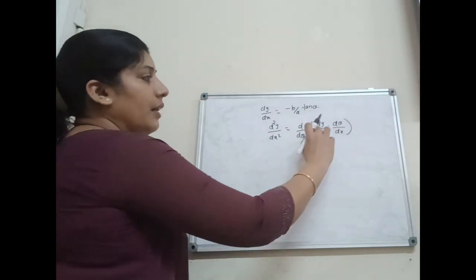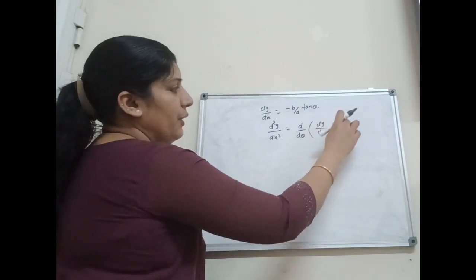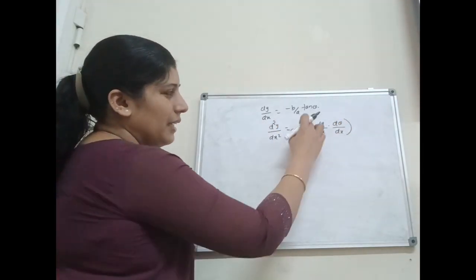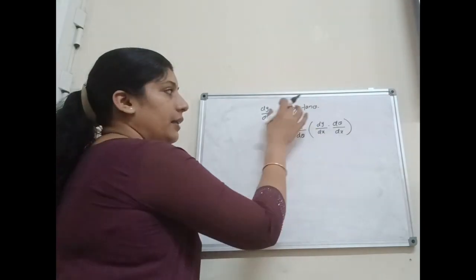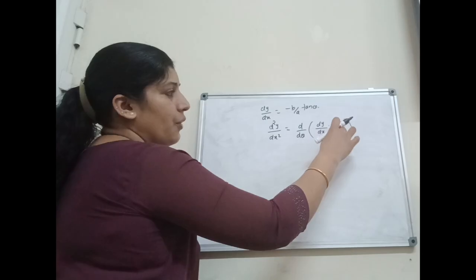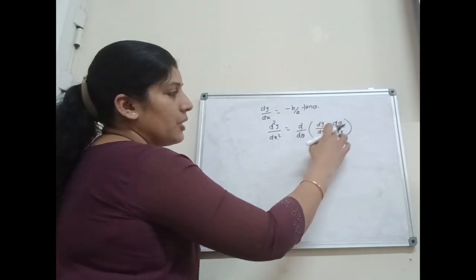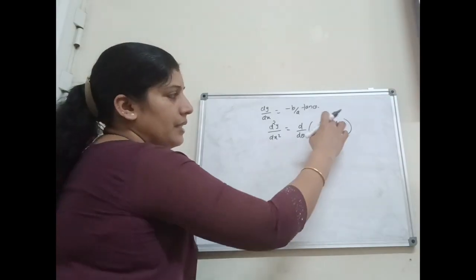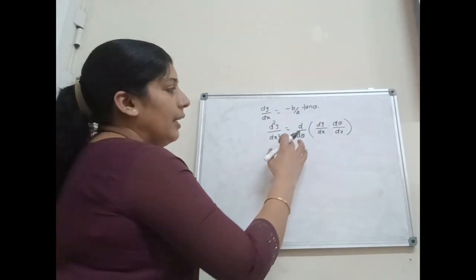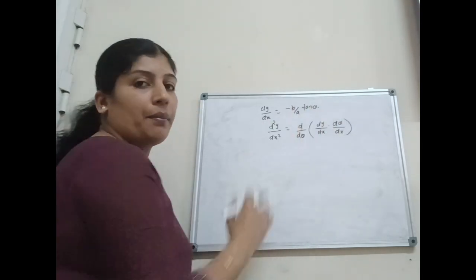d square y by dx square can be written as d by d theta of the derivative dy by dx into d theta by dx. Here y is defined on x and x is defined on theta. That is d by d theta of dy by dx into d theta by dx.